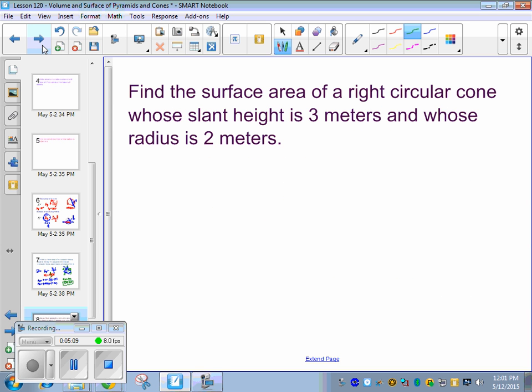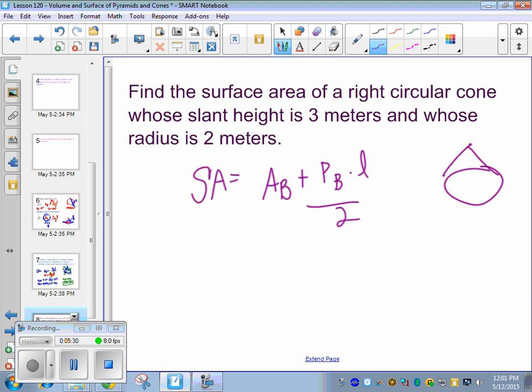So let's try a cone. So find the surface area of a right circular cone whose slant height is 3 meters and whose radius is 2 meters. So start with the formula for surface area of a cone, which is area of the base plus perimeter of the base times the slant height divided by 2. All right, so in our picture of our cone, the radius is 2 and the slant height is 3.